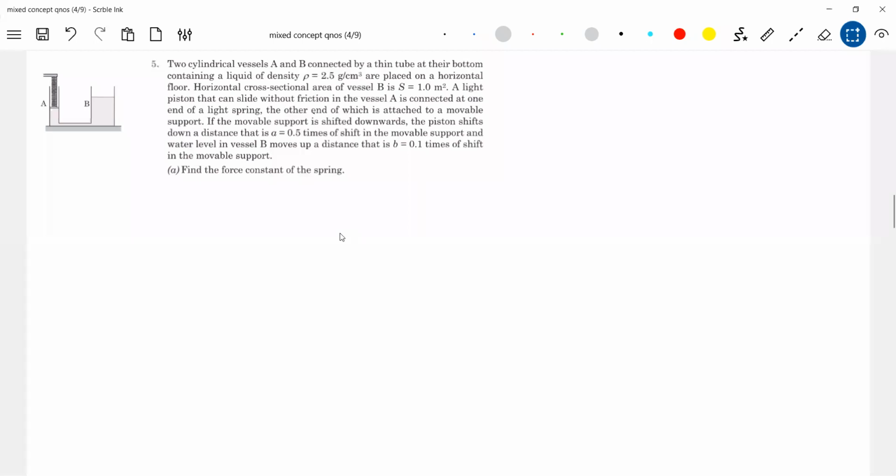Call that as C. Some relationship has been given. No need for drawing additional diagrams. With this only we can find out, it is asking to find the spring constant K.